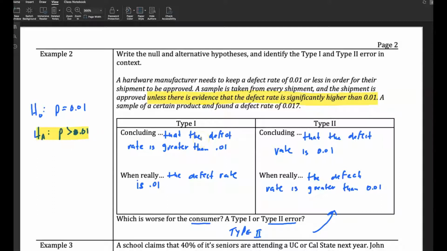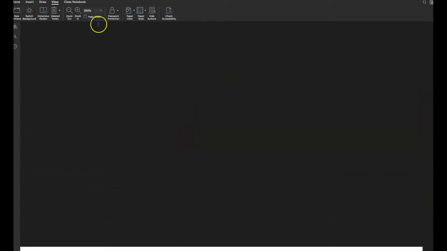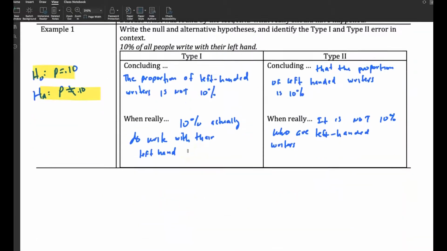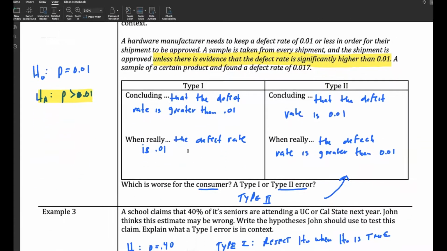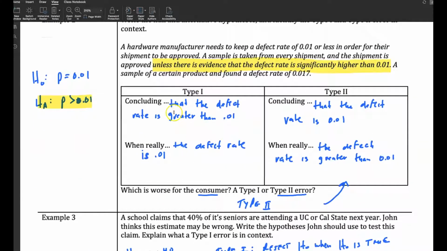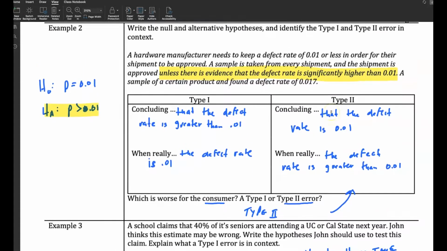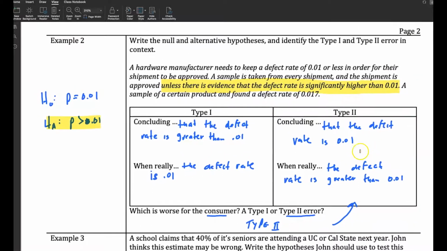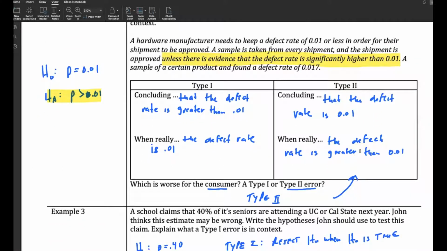Type 1 error is we reject the null hypothesis when it's actually true. So we conclude that the defect rate is greater than 1% when in fact it is 1%. Type 2 error, we say the defect rate is 1% when in reality the defect rate is actually greater than that. You've got to think about that.